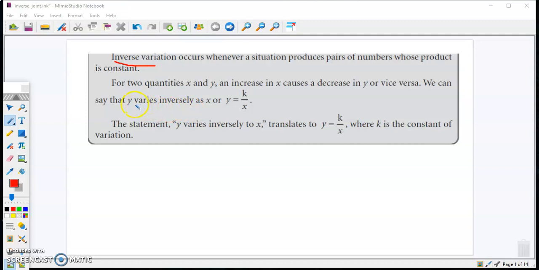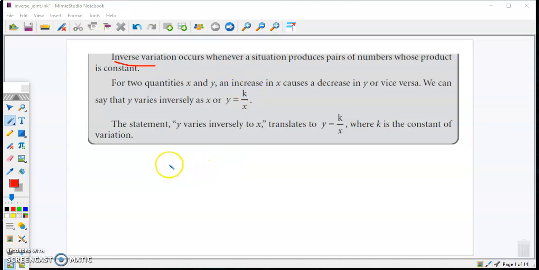So we have here the phrase y varies inversely as x. So always remember the term inversely. So we write the equation as y varies inversely as x. So we have the constant of variation k.